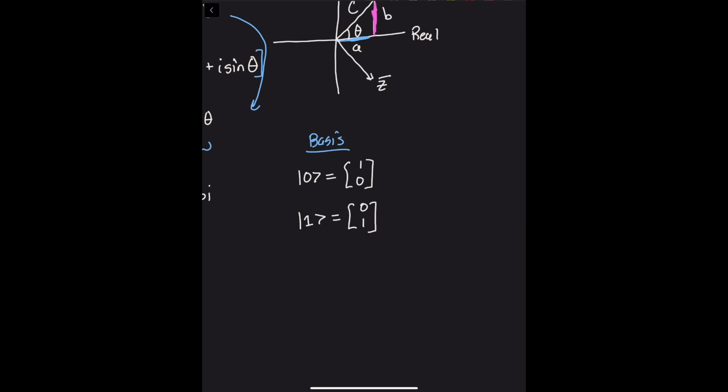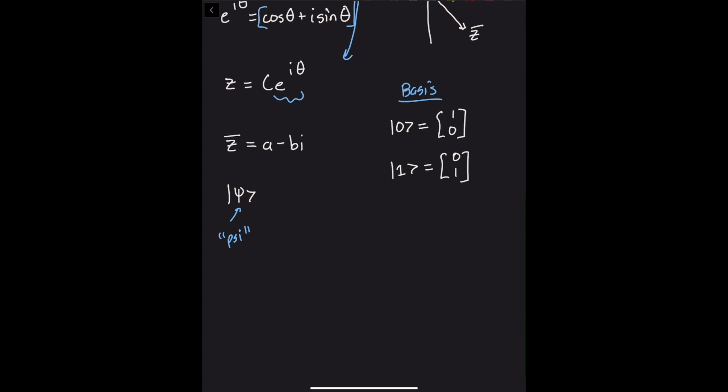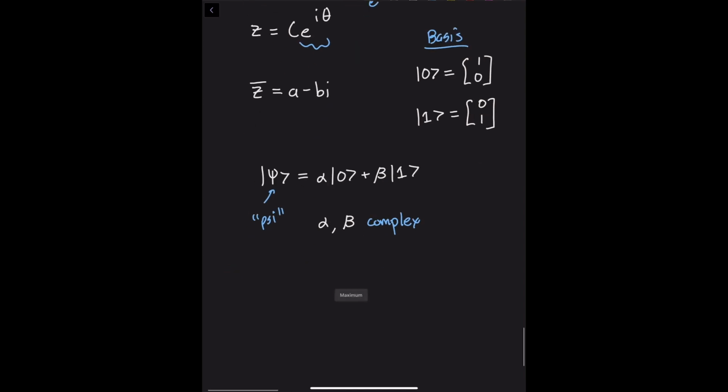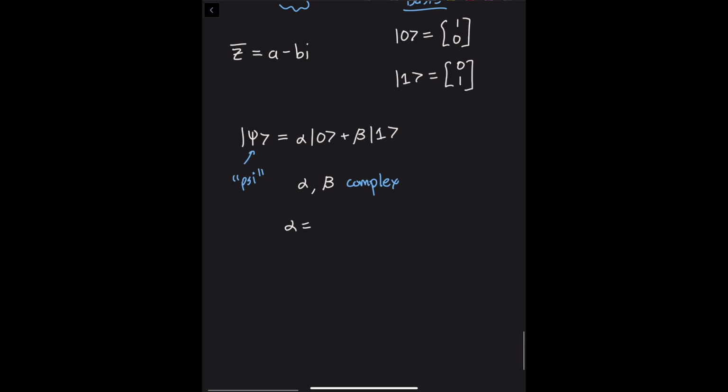So these are familiar, using the columns to represent vectors. And basically any quantum state is a sum of these: alpha times 0 plus beta times 1, where alpha and beta are complex numbers. So in that way, even though there's only two basis vectors, there's 4 degrees of freedom, because each of these complex numbers has a real and imaginary component.